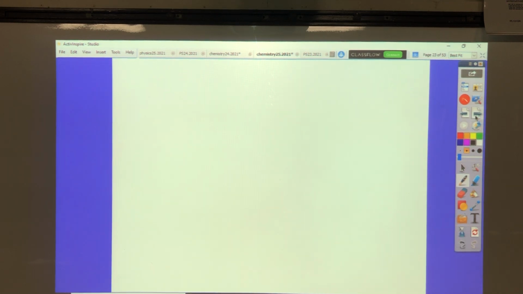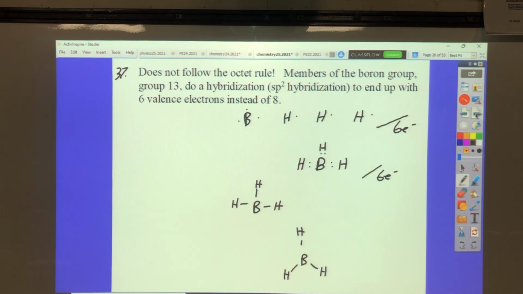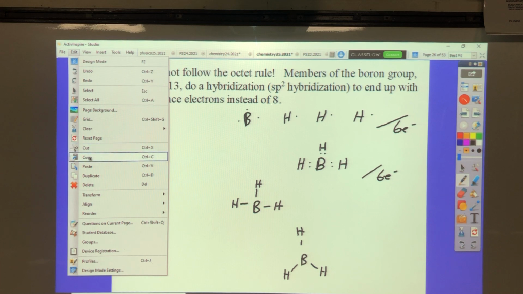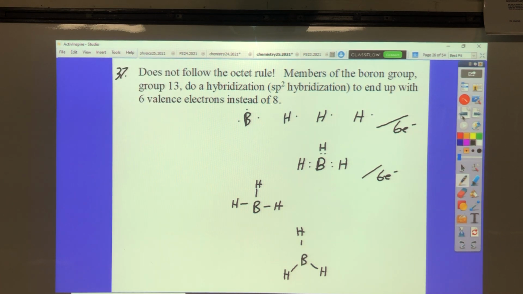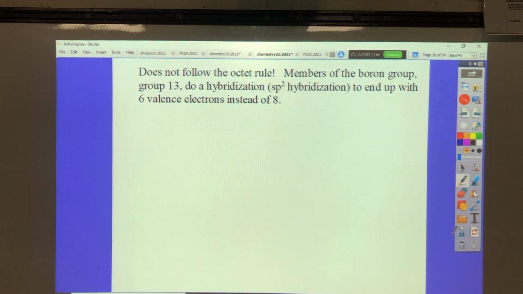Let's go to the next one, which, okay, number 37 does not follow the octet rule. Members of the boron group do a hybridization, so edit, copy, edit, paste, come back here, clear annotations.